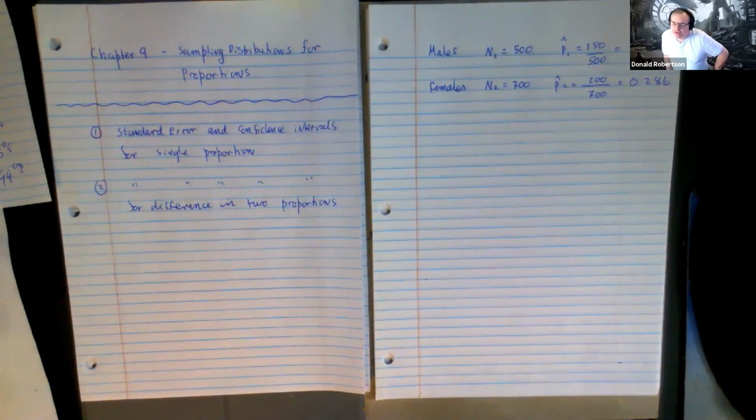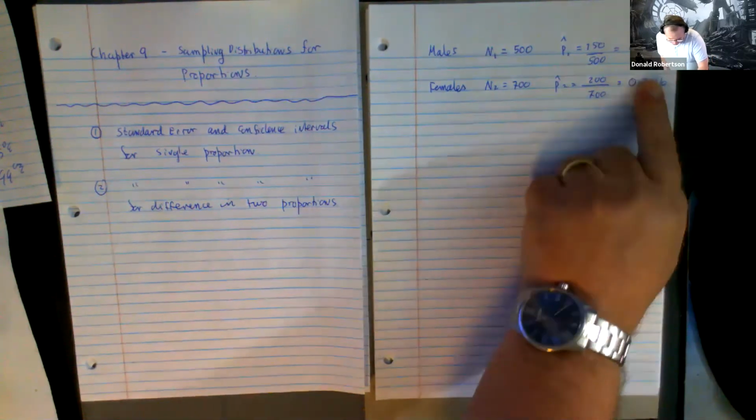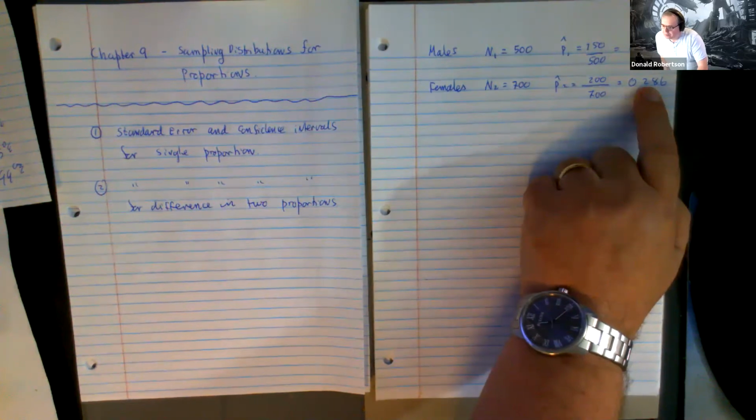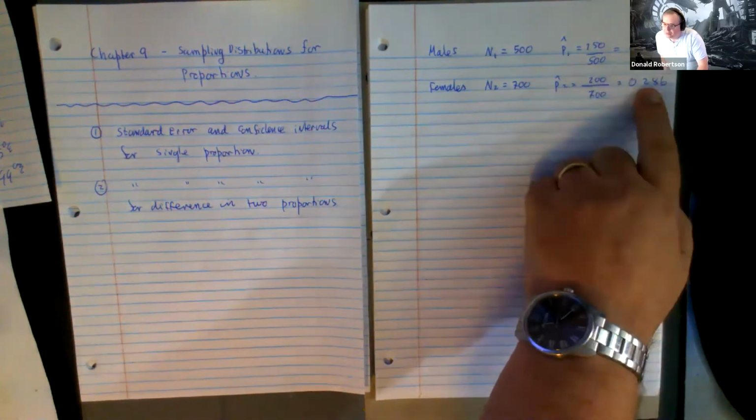Now, the kind of question that we might be interested in asking here is: is there a distinct difference between males and females? Do males smoke more or less than females? Superficially at least, would you say there's evidence that the males smoke at a slightly higher percentage, 30 against 28?